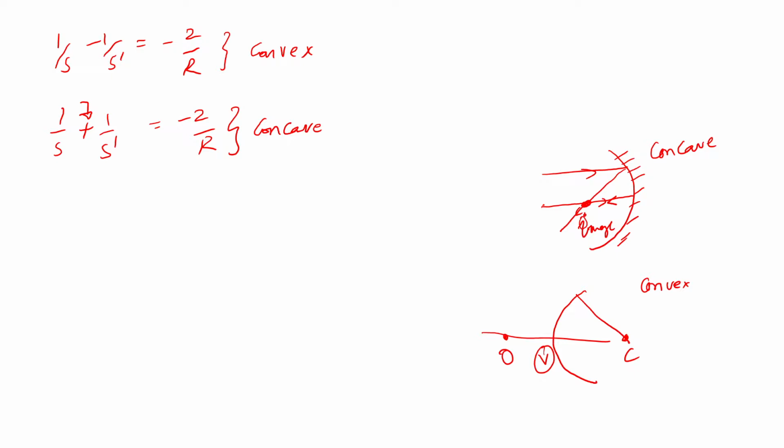So in general, we can write the mirror equation as 1 over s plus 1 over s prime is equal to 1 over f, where we're defining f as the focal length as negative r over 2. And this negative r over 2, again, notice that here I have not changed the negative sign between the convex and concave.